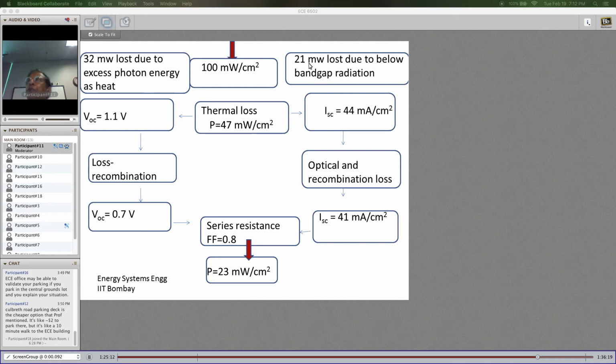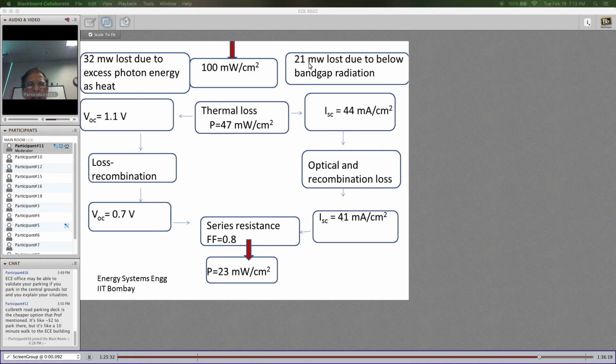But out of 44, you do have some reflection loss, 3% or so, and transmission loss. So that current drops from 44 to 41 milliamp per centimeter square.